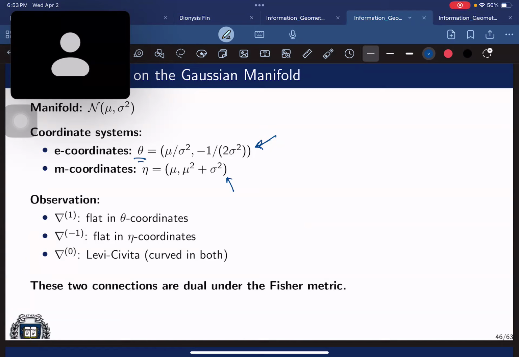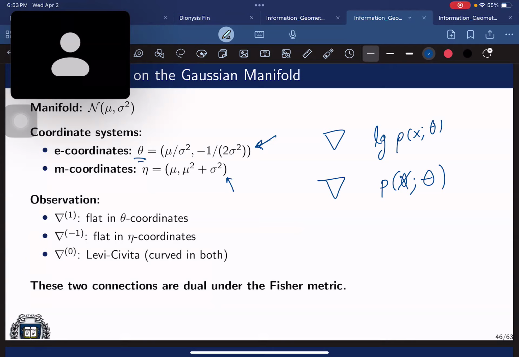As we will see, the first path, which is called E coordinates, would coincide with the geodesics of the connection of log of likelihood, and the second one would coincide with the geodesic path of the connection of likelihood itself.